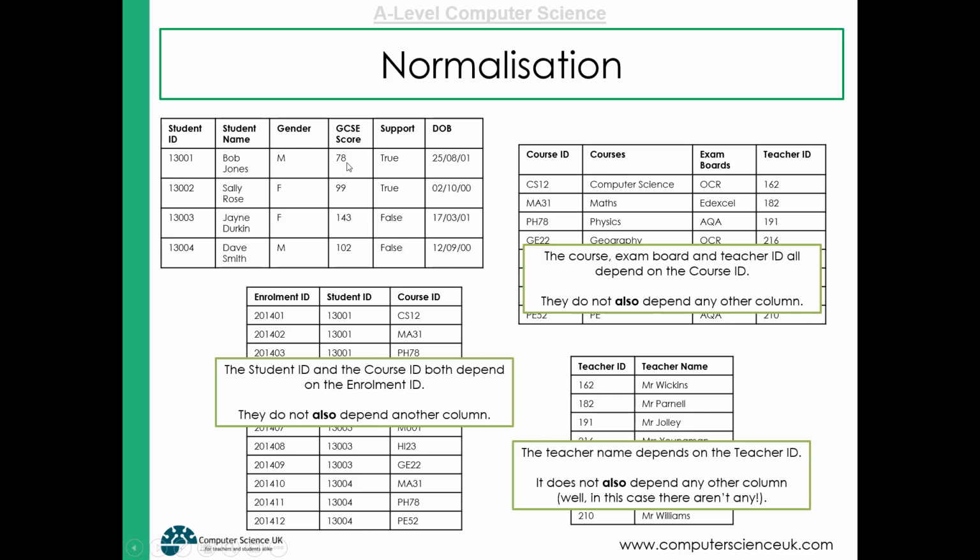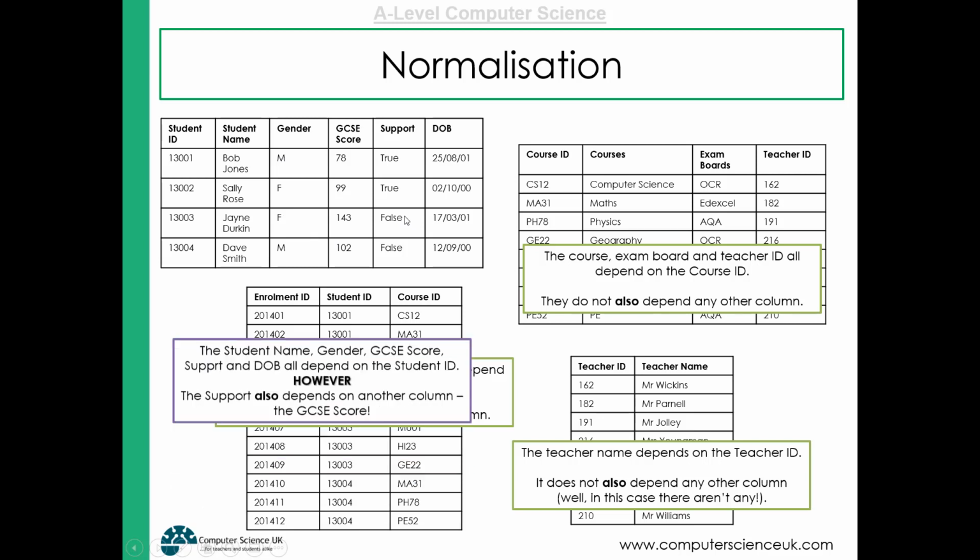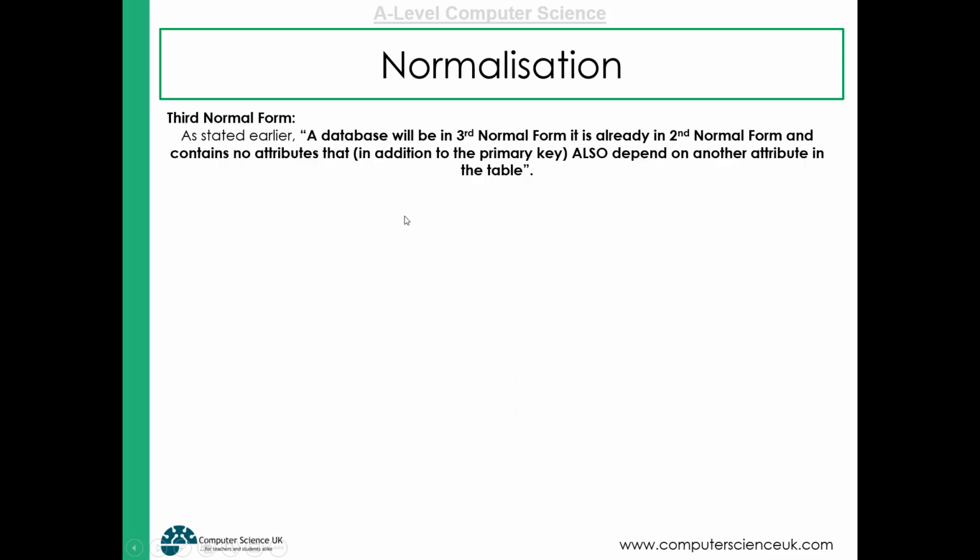Their GCSE score belongs to the student, so it's dependent on the student ID. The date of birth, gender, and their name, definitely all dependent on the student ID. They all relate just to the student ID. However, support also relates to GCSE score. So this is in second normal form, but is not yet in third normal form.